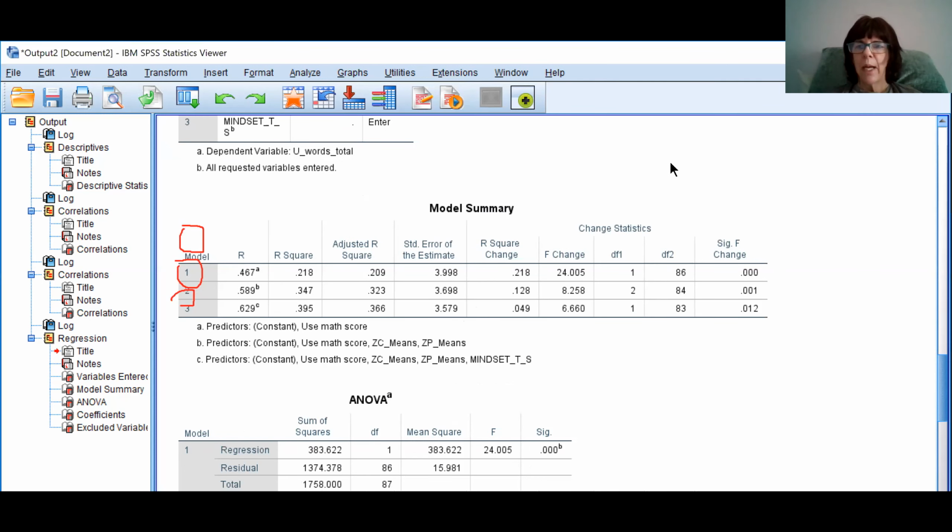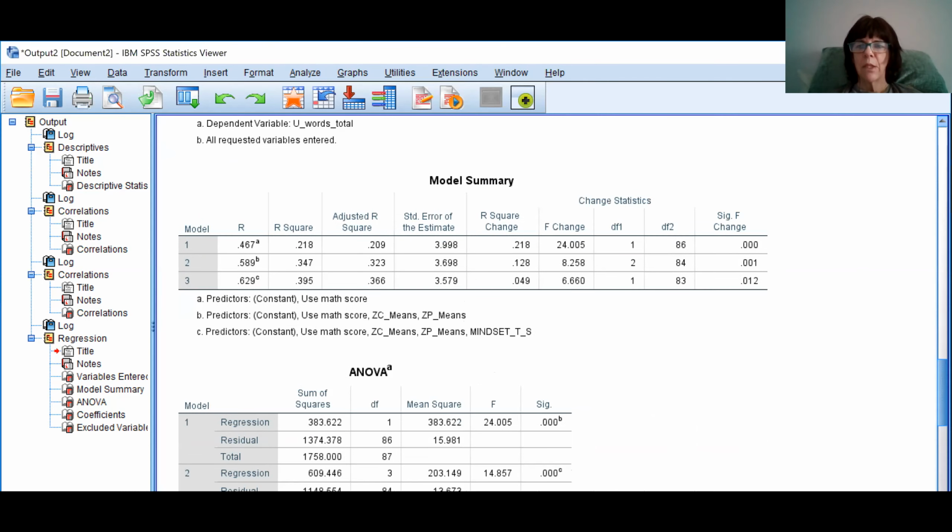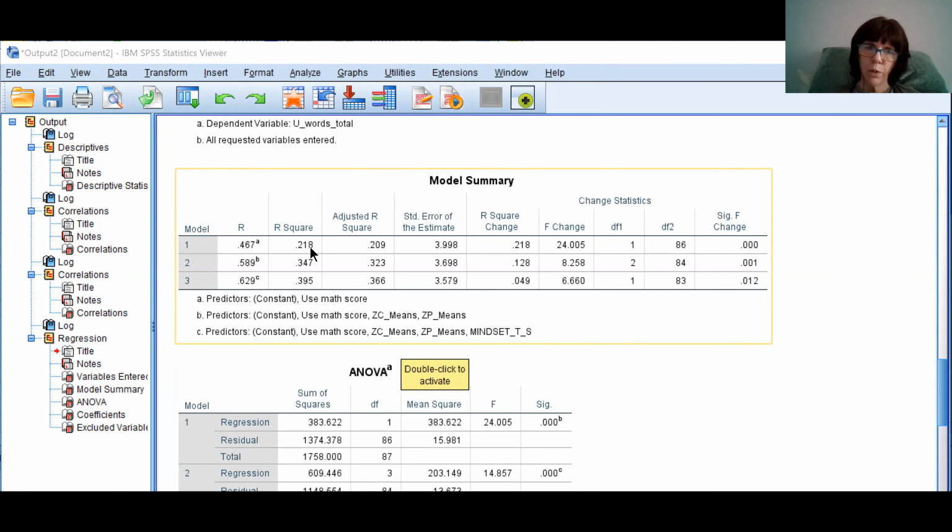Here, you have your variance accounted for in each model. So let's see, make sure I'm correctly sharing this screen. So the first model accounts for an R-squared of 22%. So the math score, general math, accounts for 22% of variance in language use among this group.